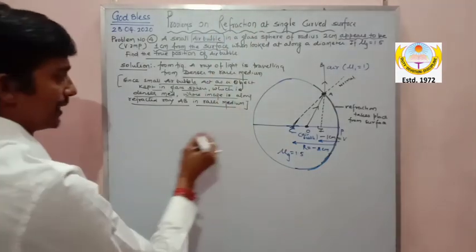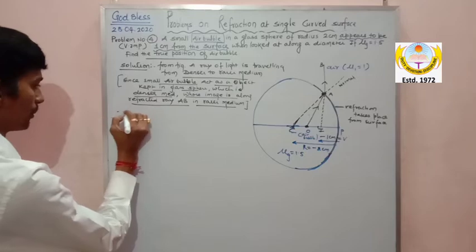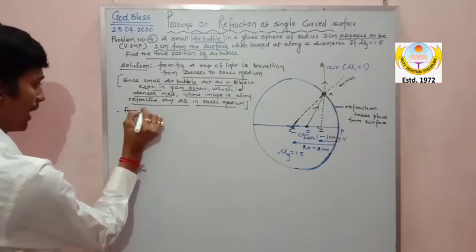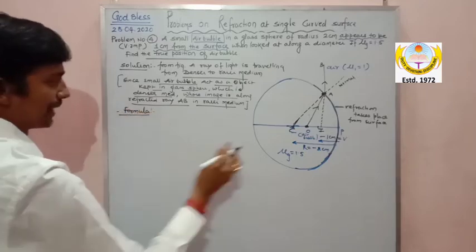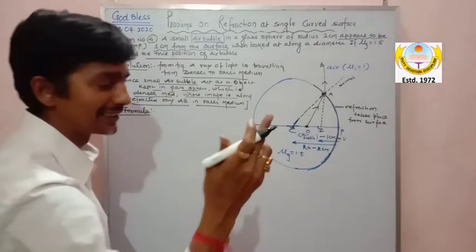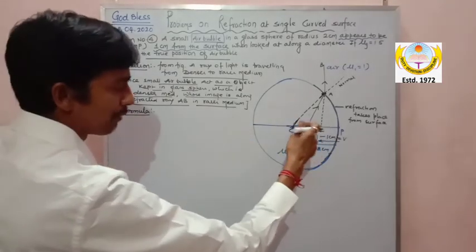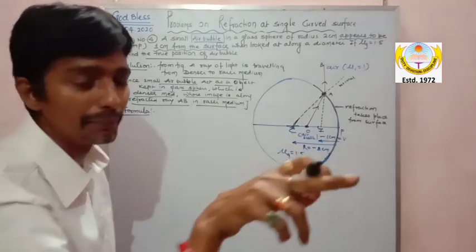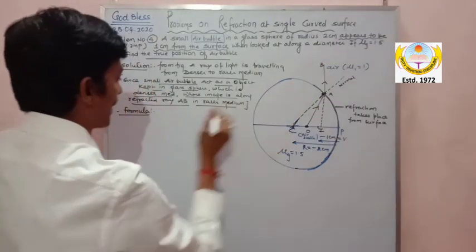So now, my dear, here you can write therefore formula. What is the formula? So where is the object? Sir, object is in denser medium. And where is the image formed? Sir, image is formed in the rarer medium. And what is the rarer medium ka refractive index? mu1.